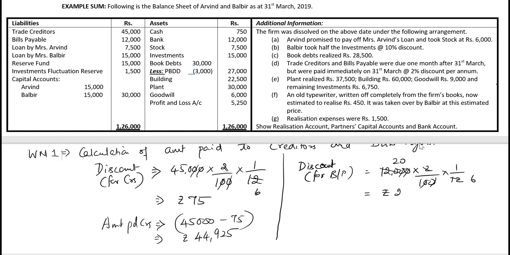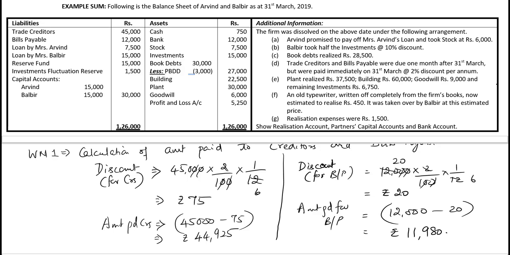Discount amount ₹20. Therefore, amount paid for bills payable is 12,000 rupees minus the discount of ₹20, or in other words, rupees 11,980. So let's enter that also.